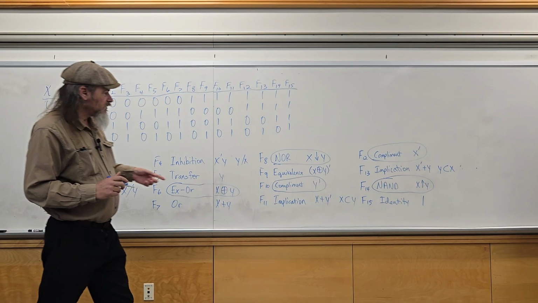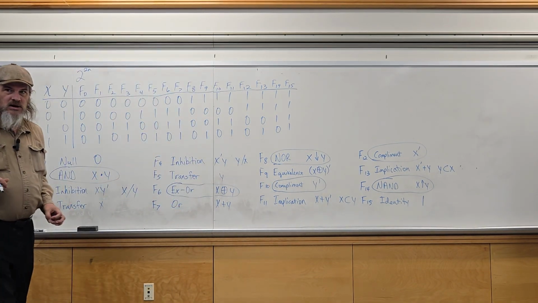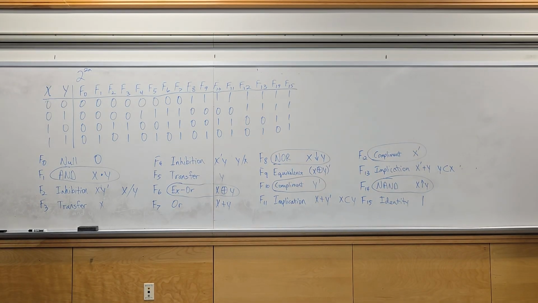Equivalence could be implemented on a chip, but I don't believe anybody manufactures a chip with just 4 exclusive NOR gates on it. It's not in the 7400 family of chips, like what you use in Digital Logic Lab.